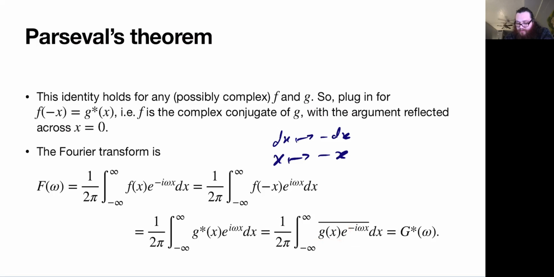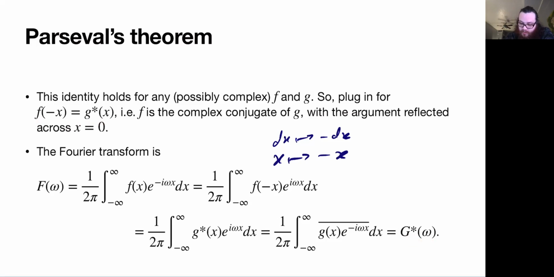The minus just becomes a plus, so we end up with that. If you take this complex conjugate and factor it out, so it's outside this integral, what we end up with is the complex conjugate of the Fourier transform of g. So if we choose f in this way, then this capital F of omega is going to be the complex conjugate of g omega.